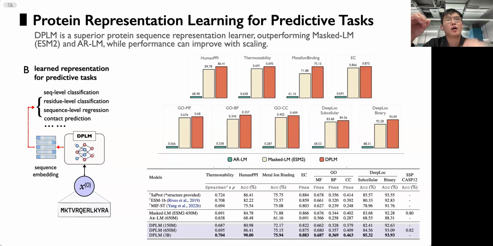Yeah. Okay. I think this is the standard approach to test the representation learning capability. You use the features derived from your model, for example, different models.